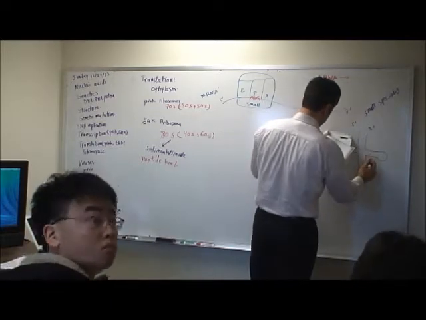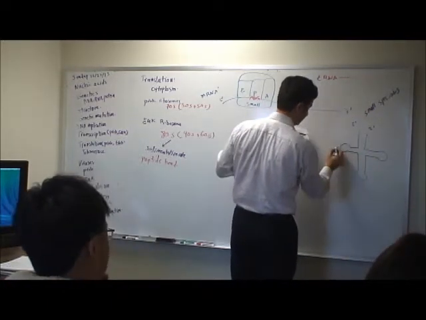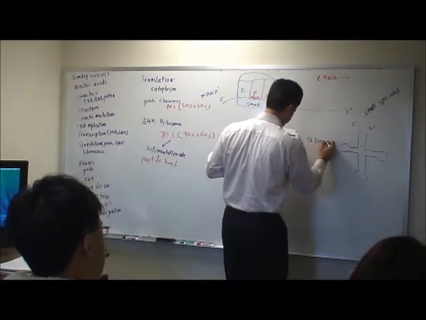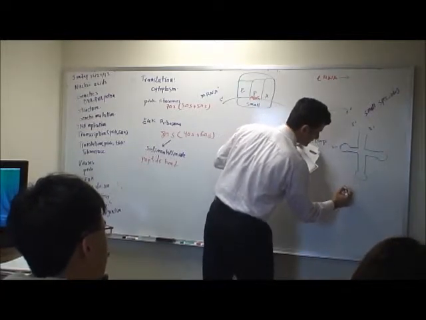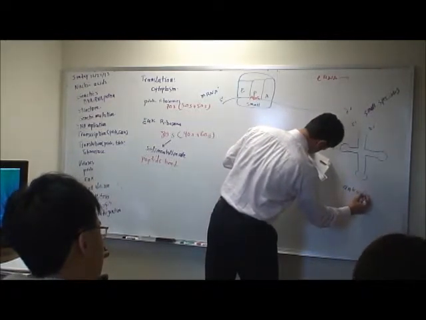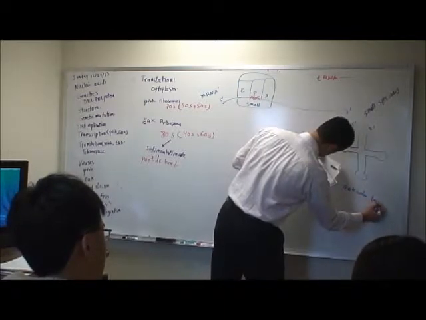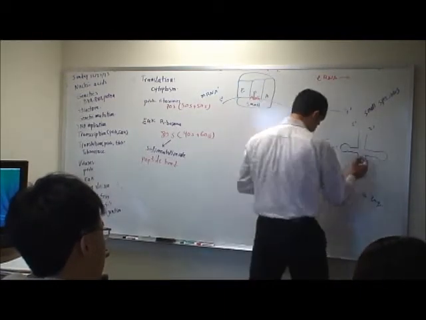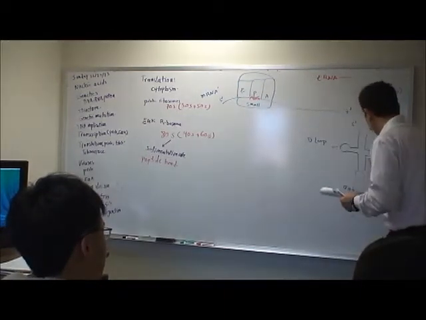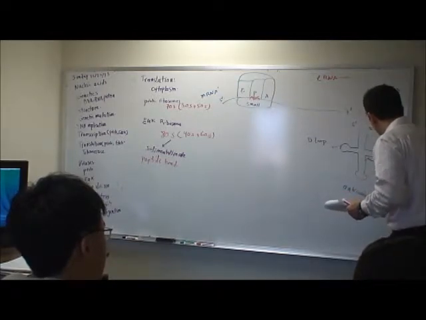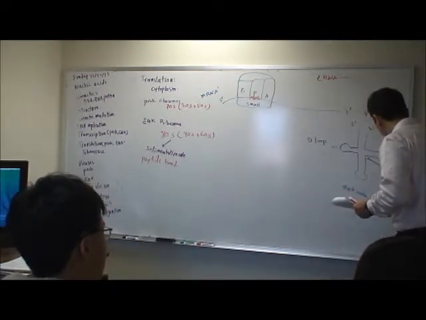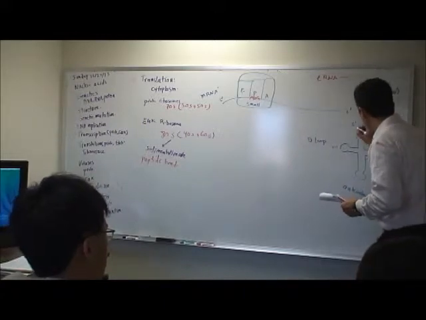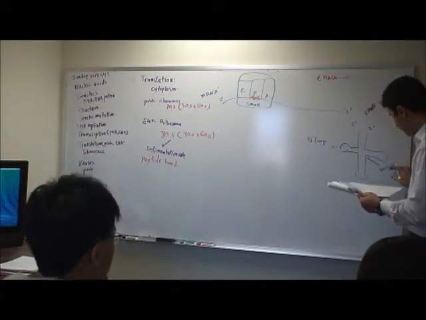Okay, so this is called, I doubt that you need to know, this is called D loop, and this is an anticodon loop, and this is called variable loop, 5 prime, 3 prime, that's the structure of tRNA.